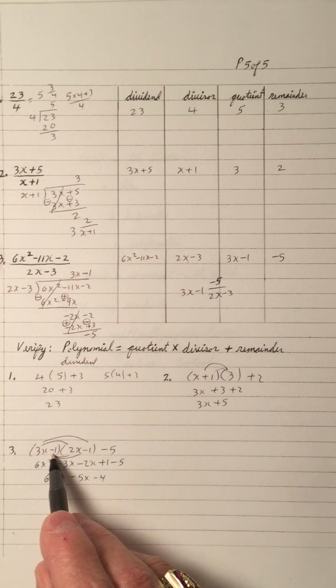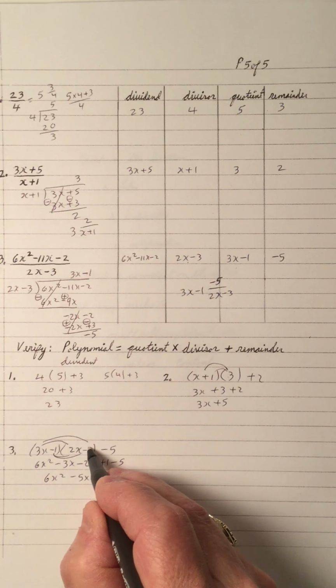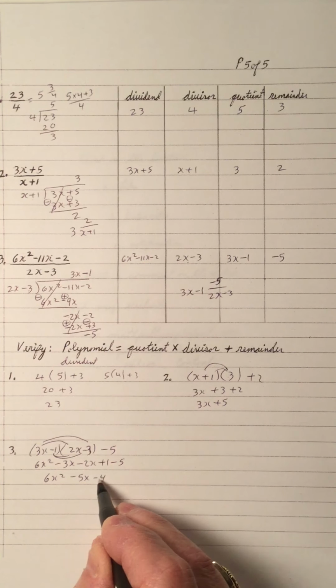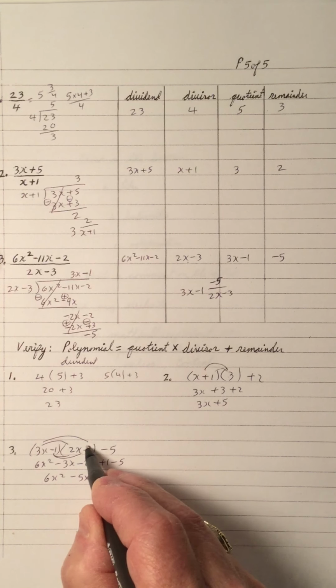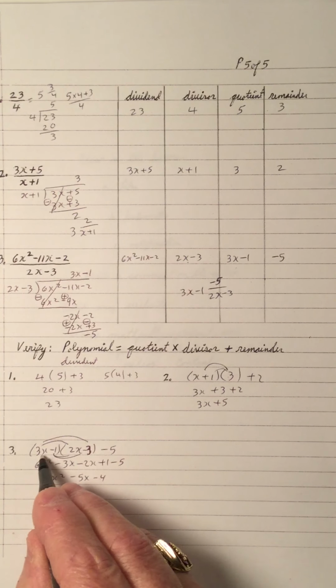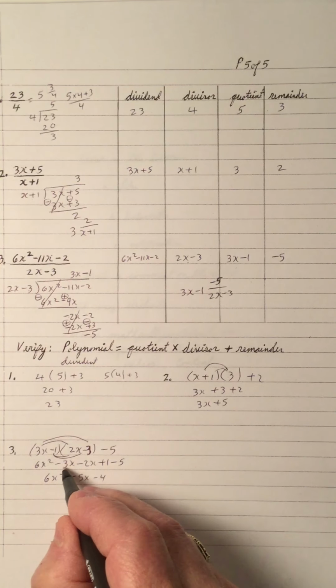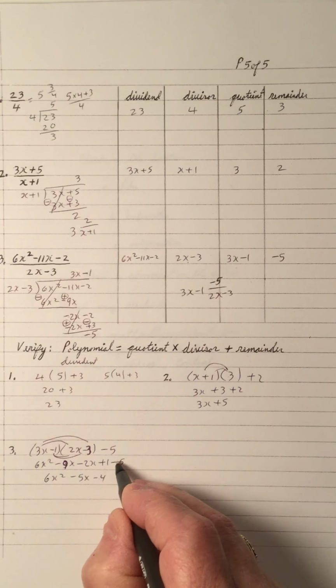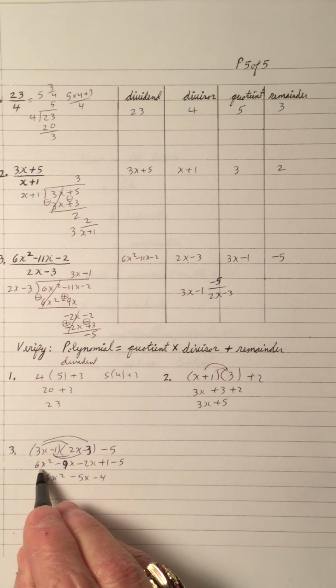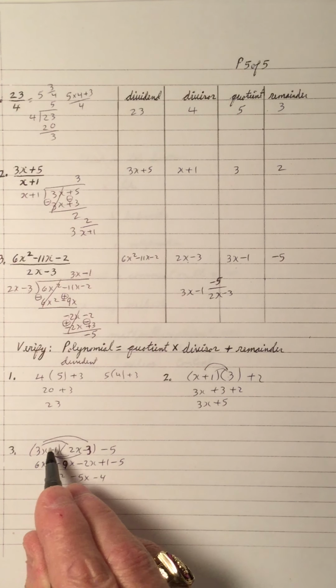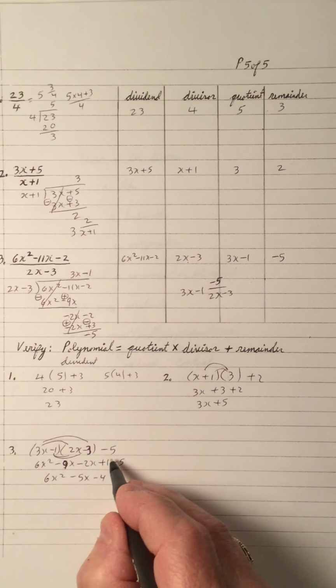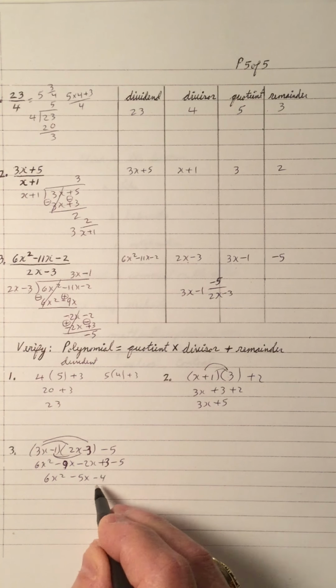Did I write 3x plus 1? 2x, see. I should have had a 4 on the end, but there's a 3 there. So that's a negative 9. See, make an error. Leave it to me. 6x squared minus 9x minus 2x plus 3.